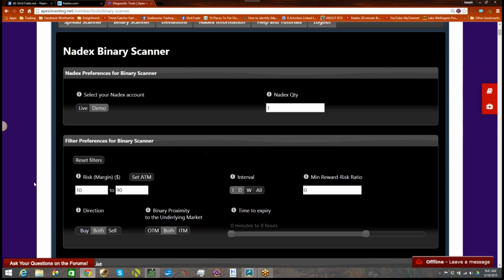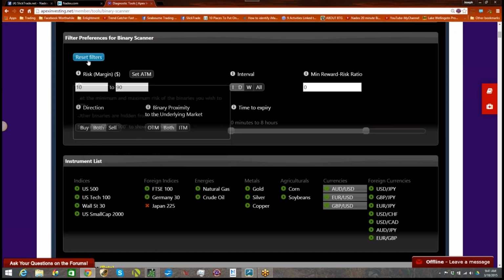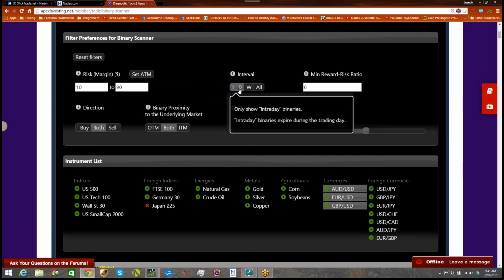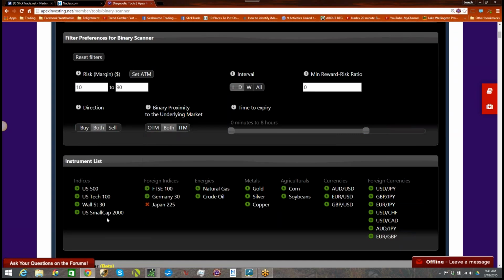How to use this is a separate topic, but it's very useful because you can predefine your risk margin, how much you want to risk between 10 and 90, or only at the money, intraday, daily, the minimum reward risk ratio that you want, the time to expiry, how far into the future you want to be in a trade, out of the money, in the money, buy, sell, and all the instruments. We don't have to have all of them selected because it would be a long list. Whatever is green is available for trade.